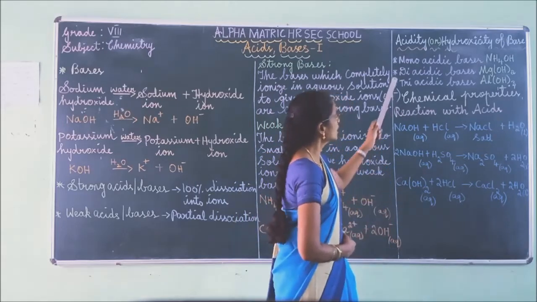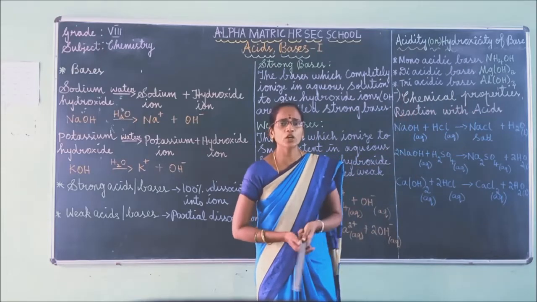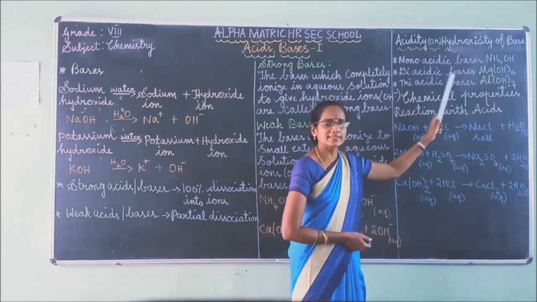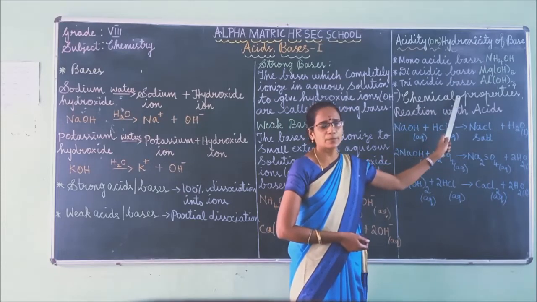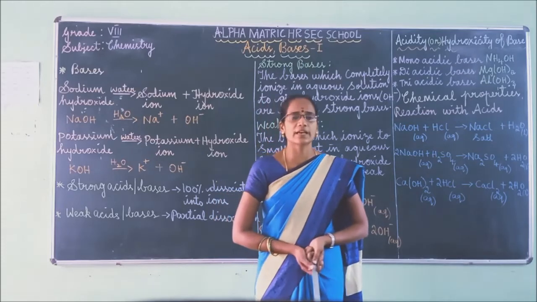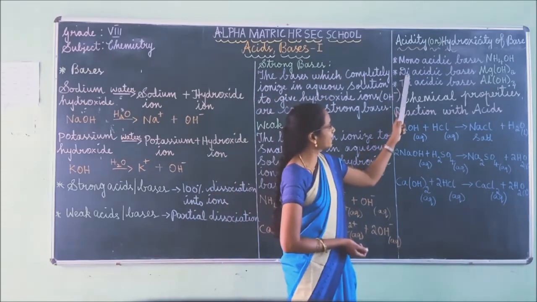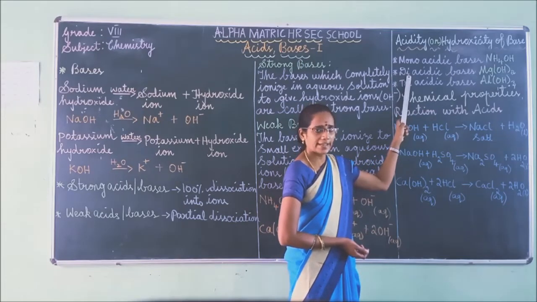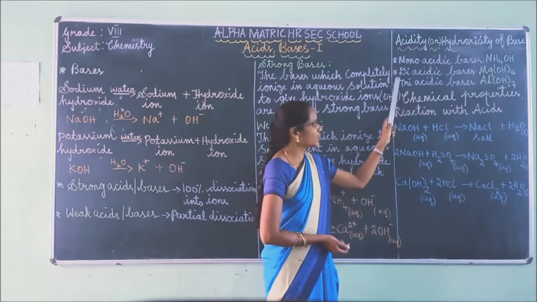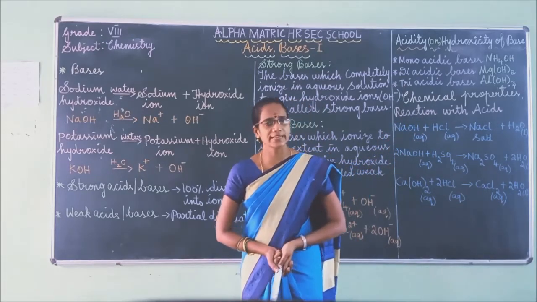So acidity or hydroxicity of base can be classified into three types: monoacidic base, diacidic base and triacidic base. Monoacidic means the base contains only one hydroxyl ion, di means two hydroxyl ions, and tri means three hydroxyl ions.